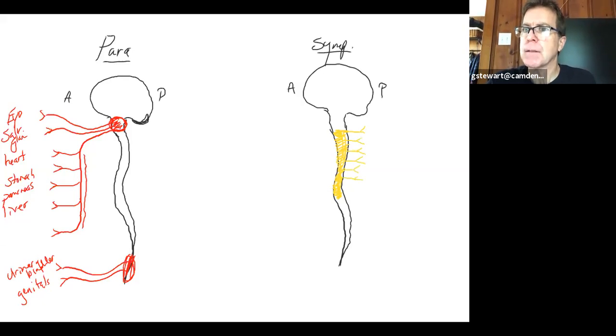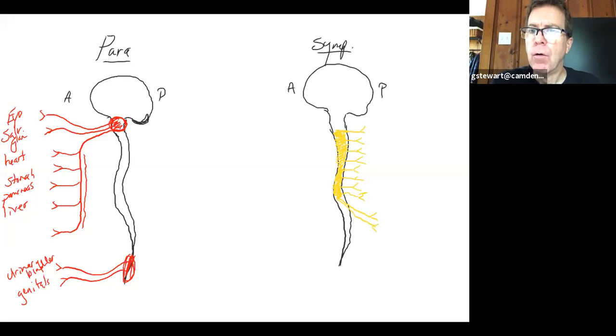So it would be things like the eyes, the skin, the salivary glands, lungs, heart, stomach, liver, digestive organs, pancreas, adrenal gland, all the way down to, and these bottom ones then would also innervate the urinary bladder and the genitals. So they innervate the exact same organs, but they have basically opposite effects.